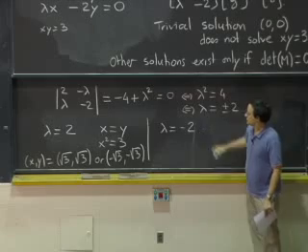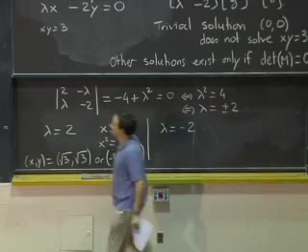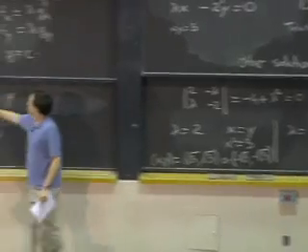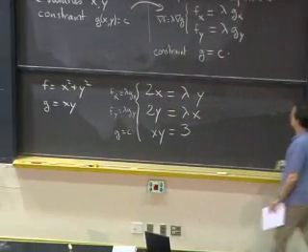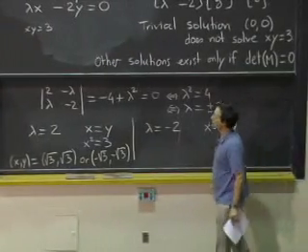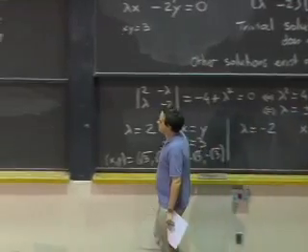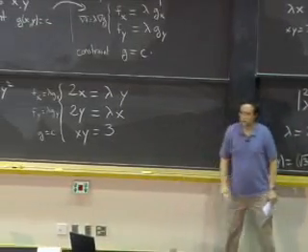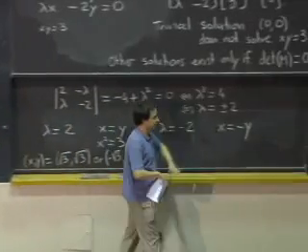Let's look at the other case. If I set lambda equal to negative 2, then I get 2x equals negative 2y. That means x equals negative y. The second one, 2y equals negative 2x, that's y equals negative x. Well, that's the same thing.